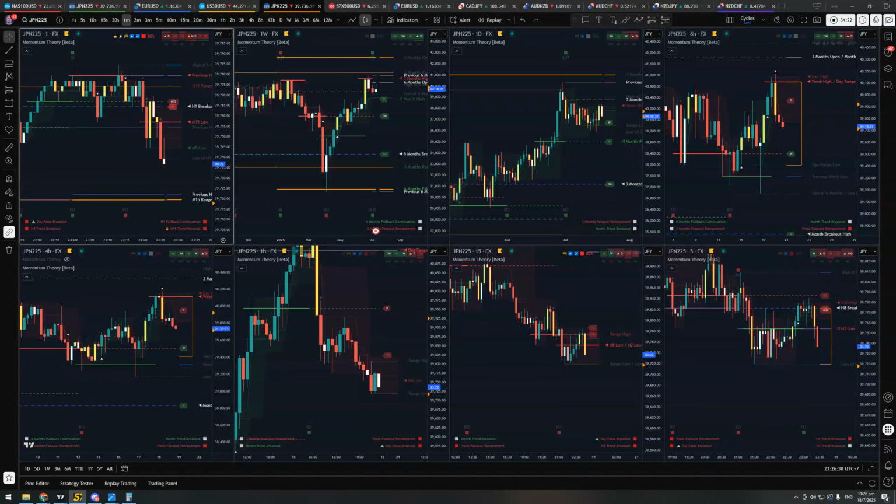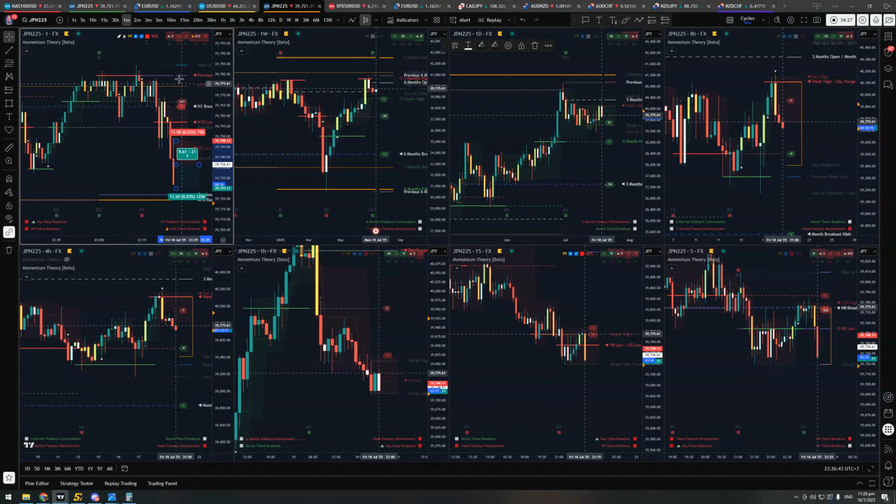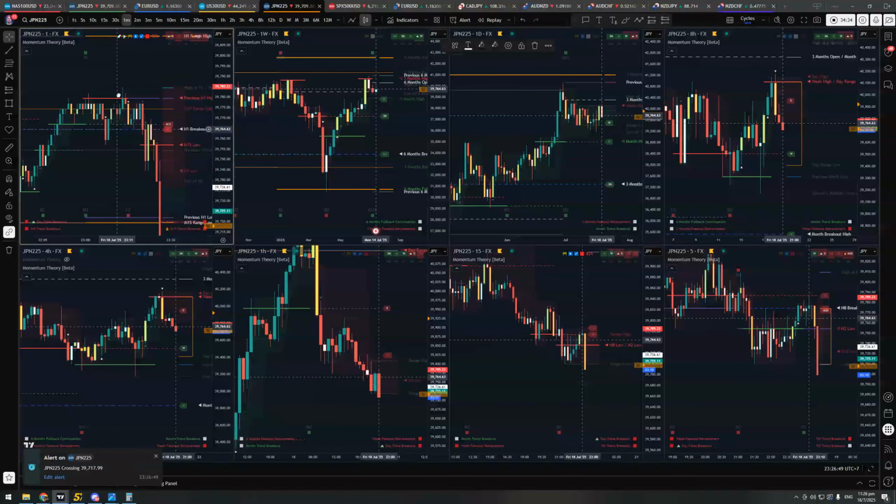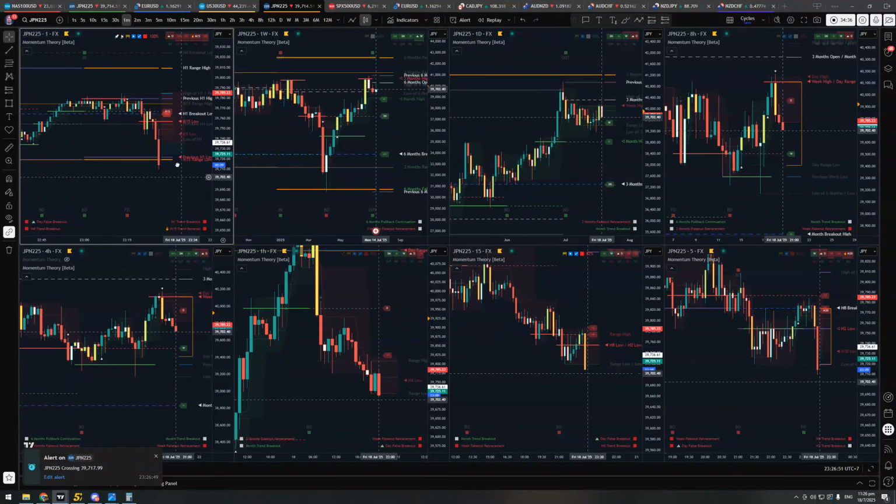Looking for zero closures below levels, and there you go. Take this one. Technically, this is the exit already, but I'm holding it for a little bit longer here.